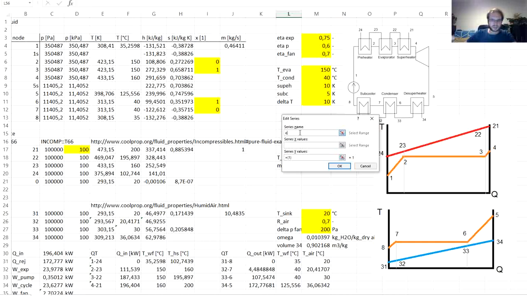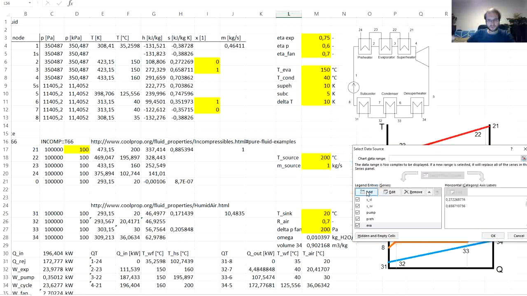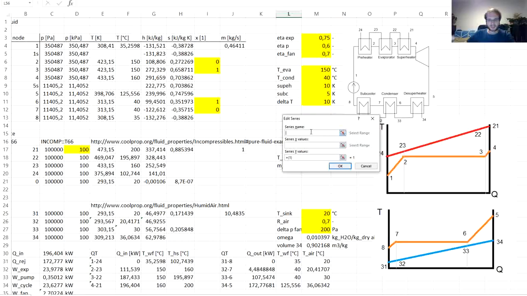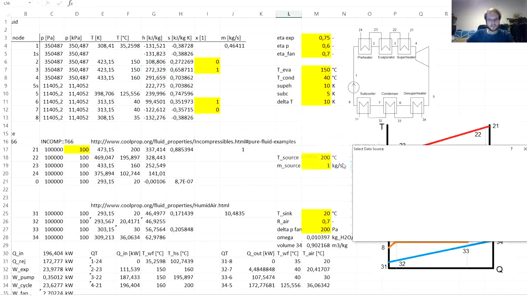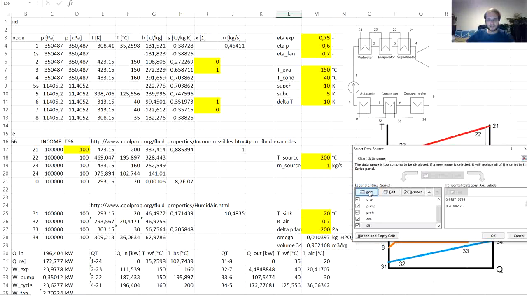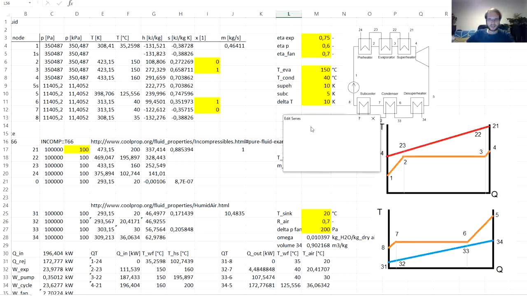Following is the evaporator, which goes 2 to 3. Then the superheater, 3 to 4. Following on that is the expander, which goes from 4 to 5.